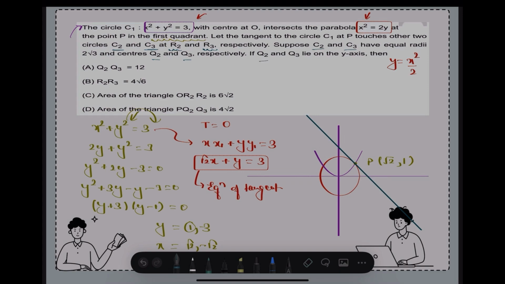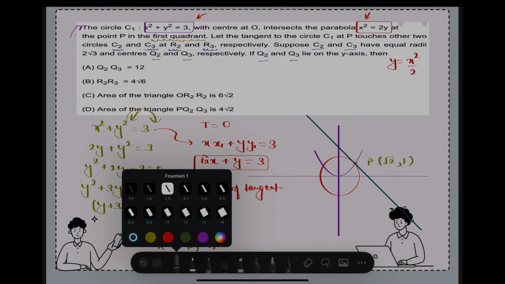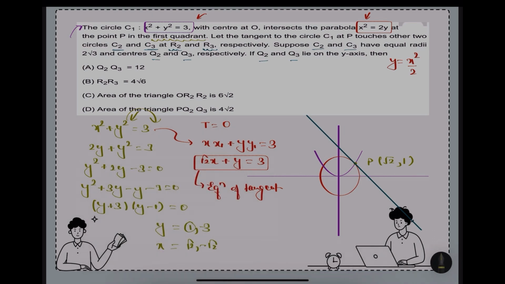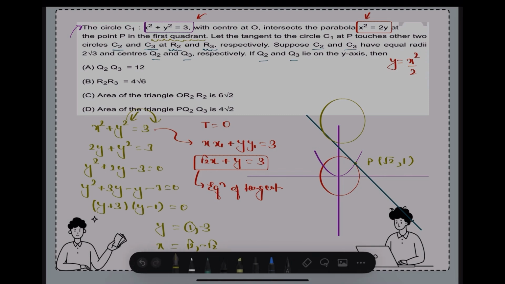If Q2 and Q3 lie on the y-axis, means the centers of the upcoming circles are on the y-axis. So let's draw the graph of the circles on the y-axis.